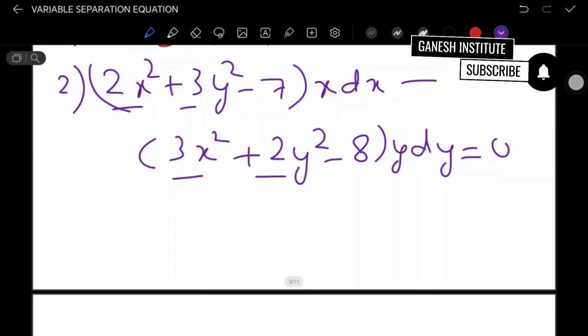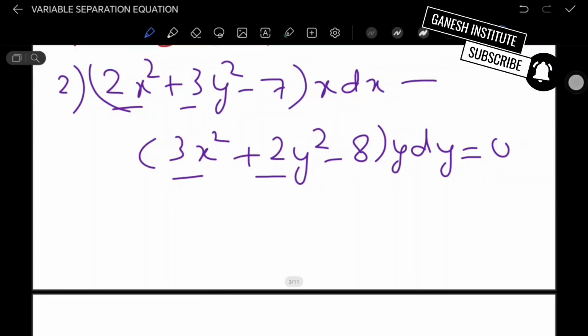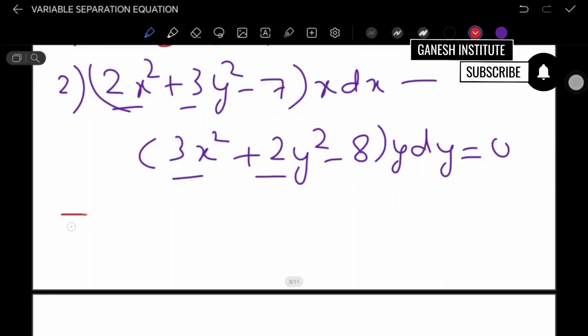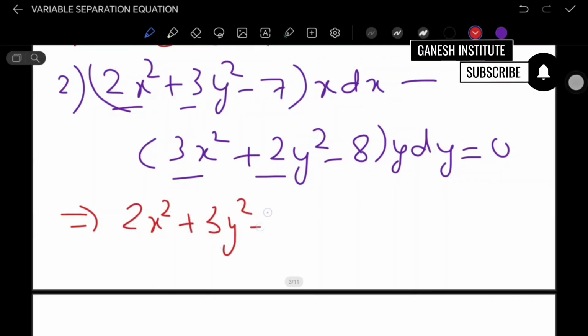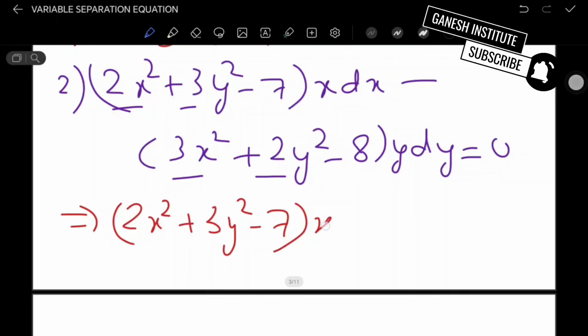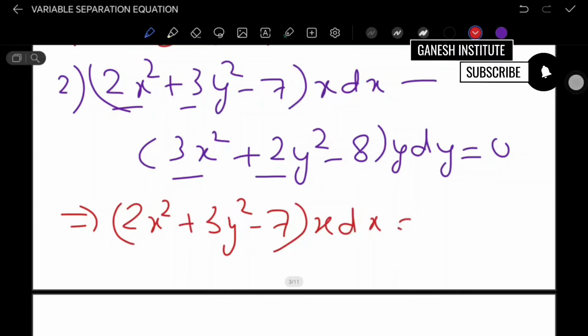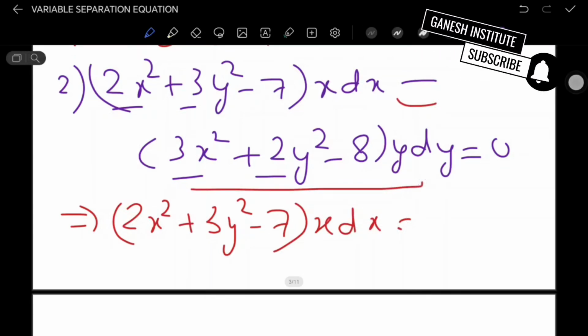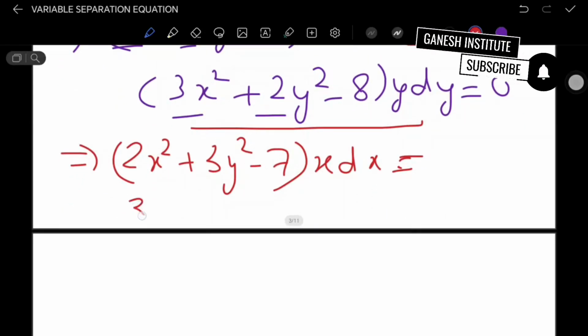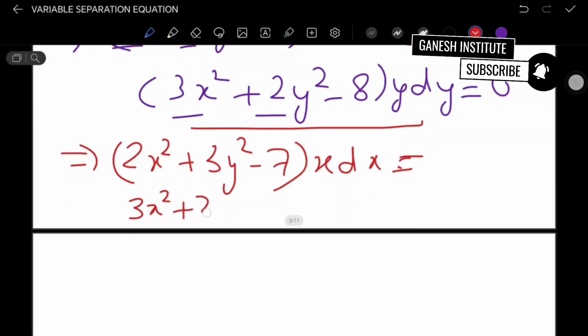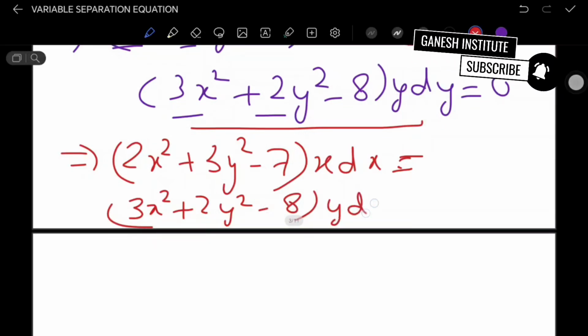Okay, let's try what we can do. Can we rearrange it? Let me keep this one on the left hand side only, and I'm taking this minus component onto the right hand side by making it positive. So this gives me 3x square plus 2y square minus 8, y dy, right?